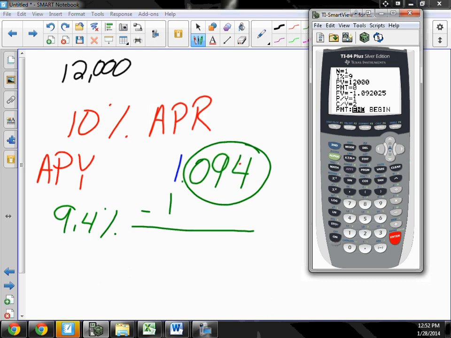So if I don't tell you how much it is, if I say 6% interest compounded weekly, what's the APY? What value should you use for your PV? It doesn't matter. You could use $1, you could use $1 million, it doesn't matter. The APY will be the same no matter what number you pick, because you'll just divide it by whatever number you pick. Okay.